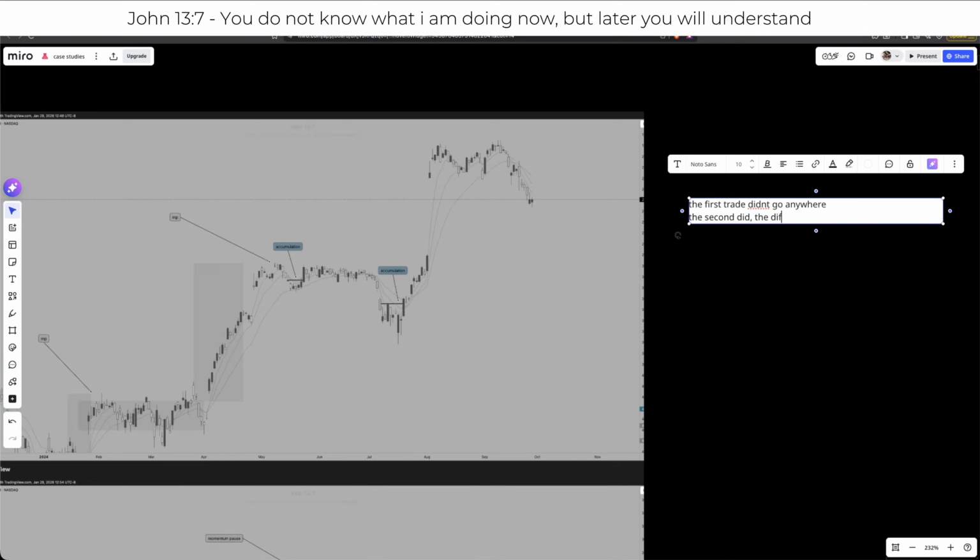The difference was the second one held under all 3 EMAs, likely accounting for a deeper flush on the context time frame, and by this I kind of mean just like a larger down candle.